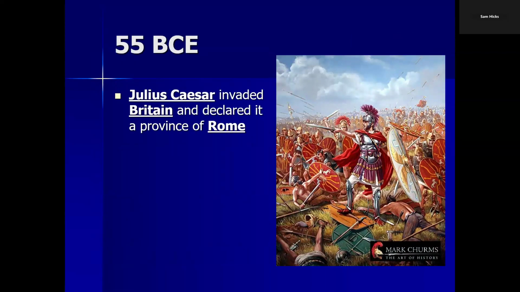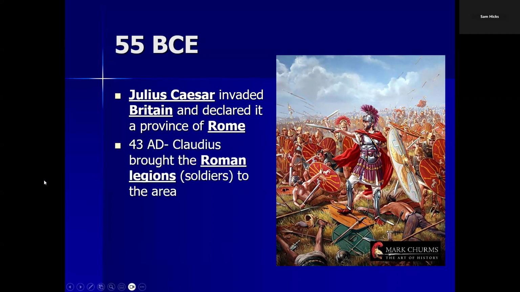Then in 55 BC, Julius Caesar invades Britain. He declared it a province of Rome. So now we have Britain under Rome. In 43 AD, Claudius brought the Roman legions, which are soldiers, to the area.